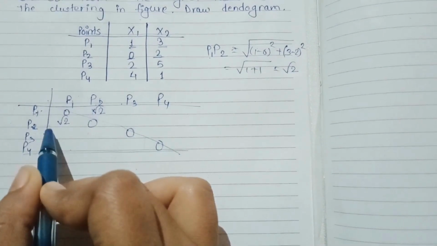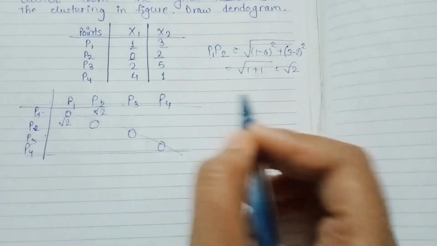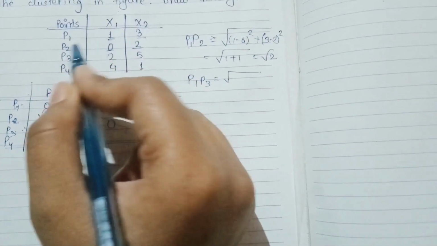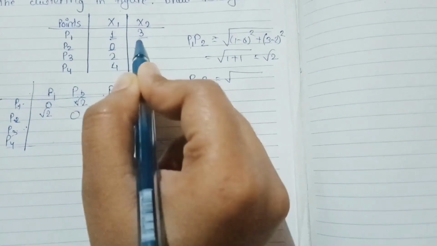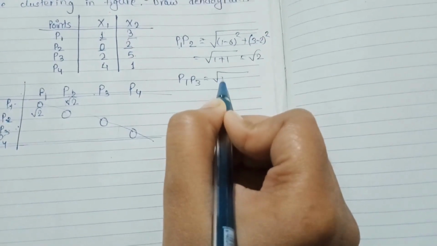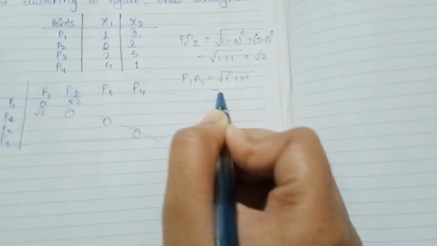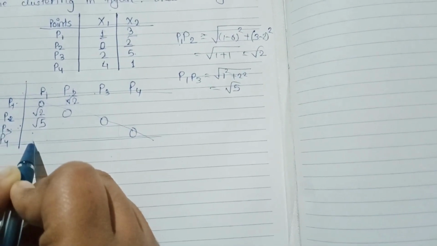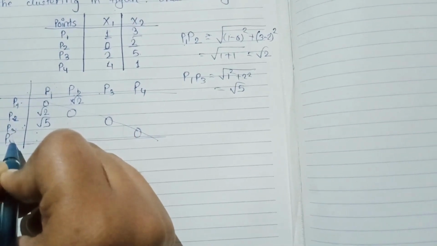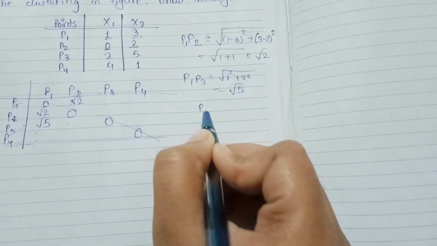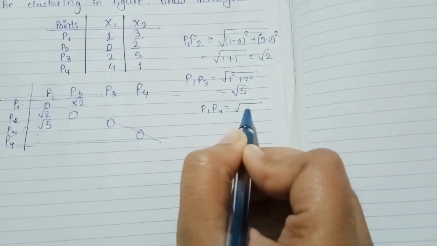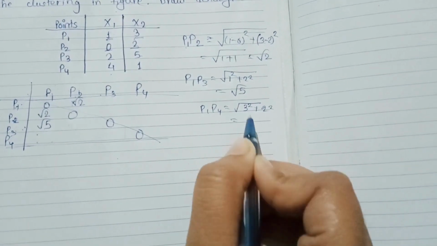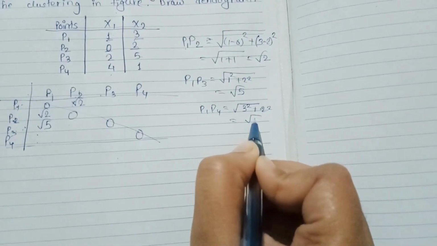Now for P1 to P3: P1 is (1, 3) and P3 is (2, 5). That is 1 square plus 2 square, which will be 5, root 5. Right. Similarly, we will do it for P1 to P4: 4 minus 1 is 3, 3 square plus (3 minus 1) is 2 square, which will be 9 plus 4, that is root 13.